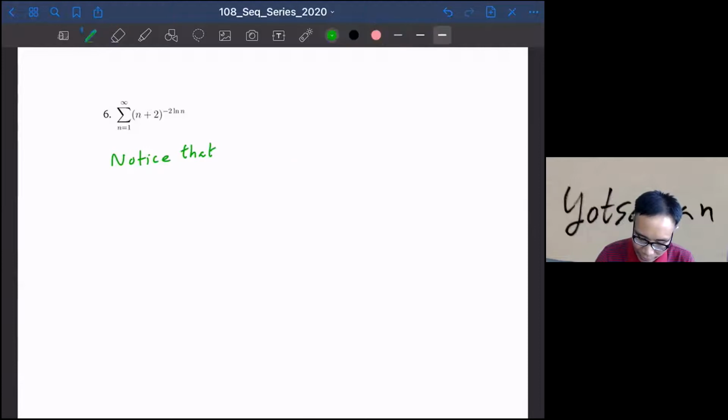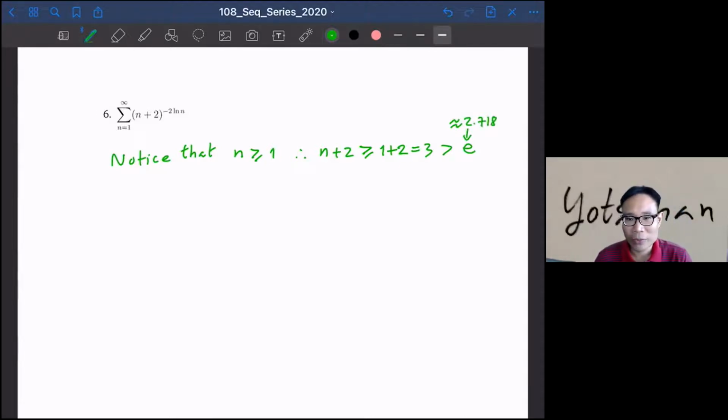Because we know that n is higher than 1, so we have n plus 2 is more than 1 plus 2, which equals 3. And 3 is more than e. e is about 2.718, so you get n plus 2 higher than e.